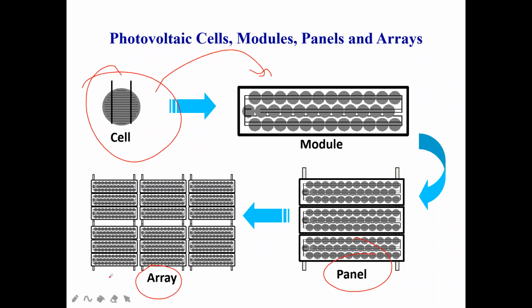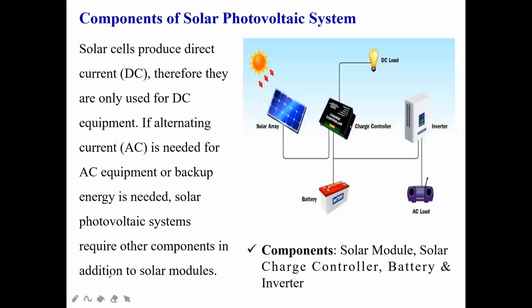Okay. So these are the components of a solar system. No doubt, solar cells produce DC, direct current, which we need to convert to AC, alternating current.